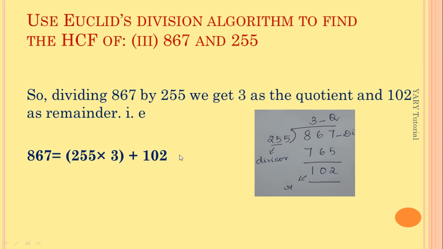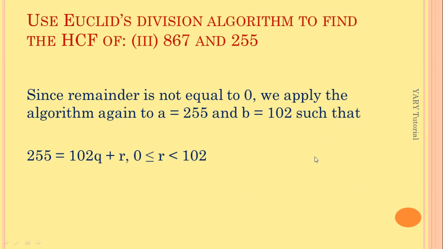Since the remainder 102 is not equal to 0, we will be repeating Euclid's division algorithm till we get 0 as the remainder. So here 255 we take as our dividend and the remainder 102 as the divisor, and we will proceed. Here 255 will be equal to 102q plus r, where our r will range between 0 and the divisor 102.